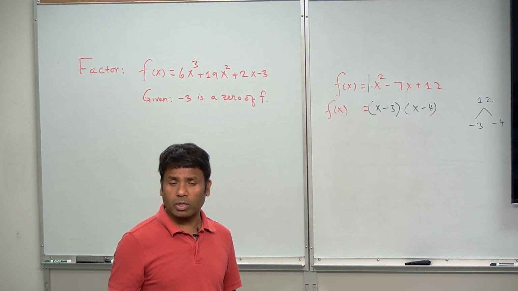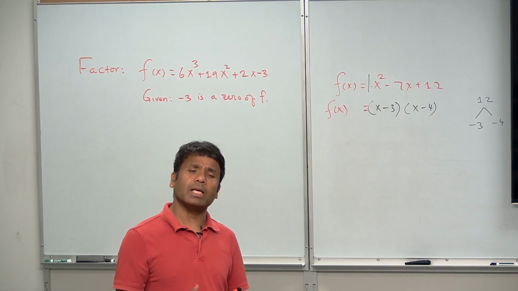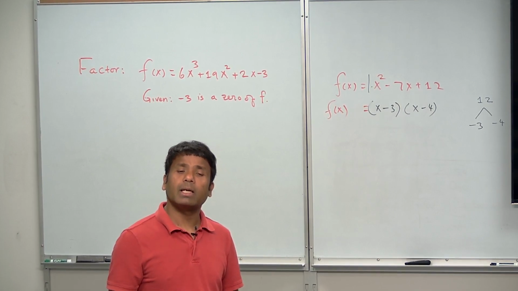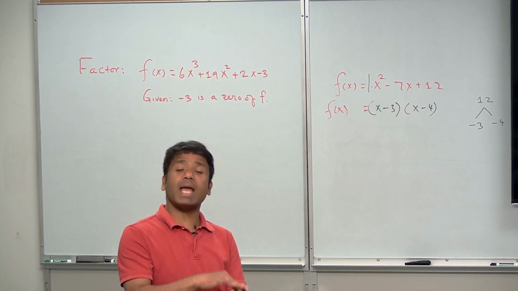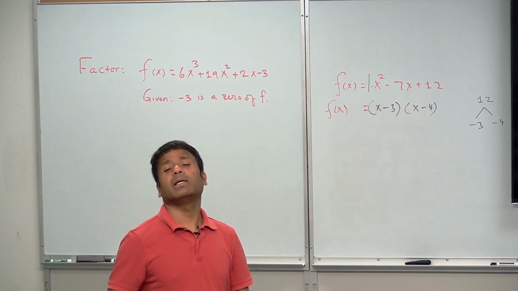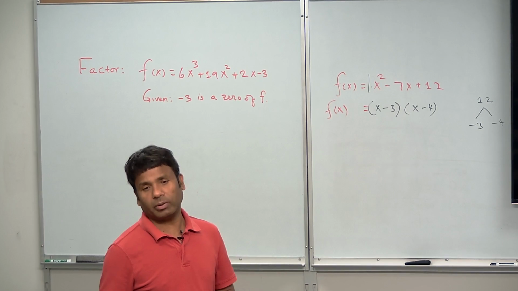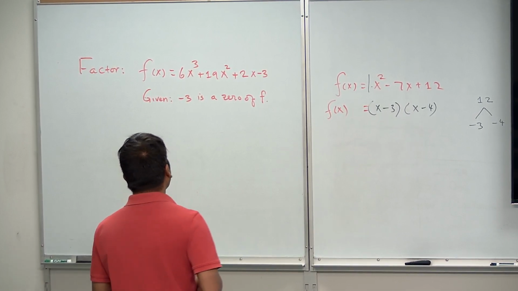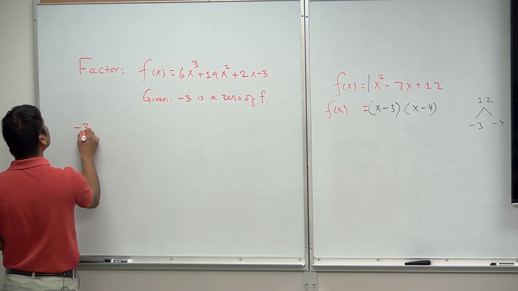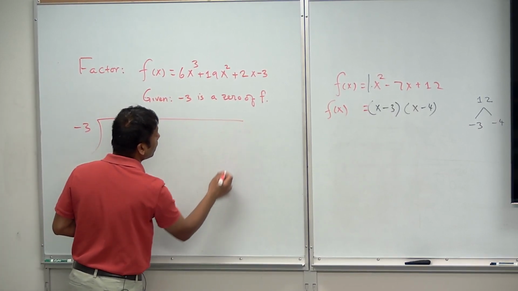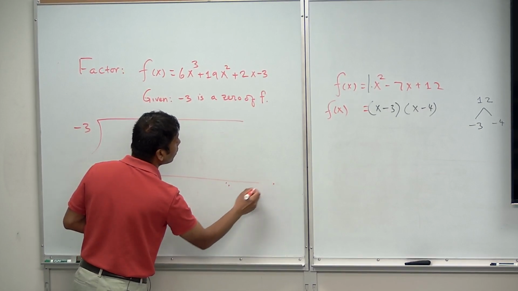Or in other words, if k is a 0 of f(x), then x minus k is a factor. If x minus k is a factor of f(x), then f(k) equals 0. That makes sense? So now if you use synthetic division, your remainder will be 0.